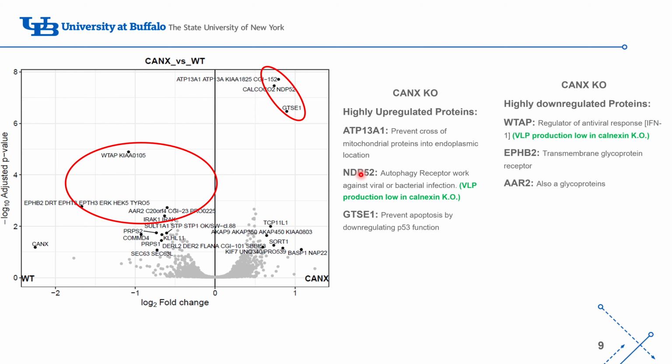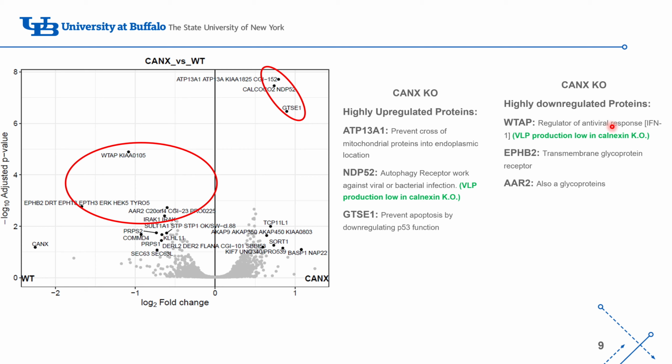When it comes to the downregulated proteins, we see the highly downregulated protein WTAP, which is also related to the regulator of antiviral response. One of the reasons for this WTAP downregulation is that IFN1 is upregulated, and upregulation of IFN1 is related to the antiviral response.